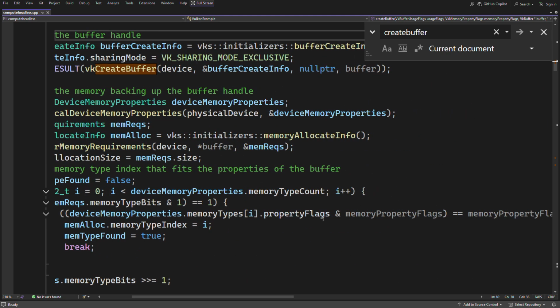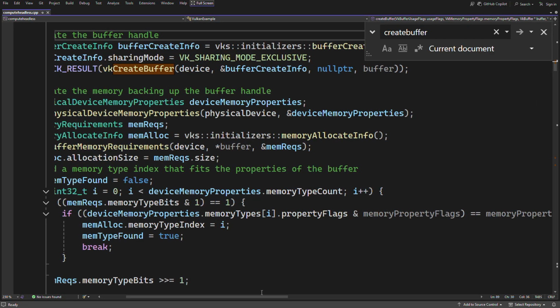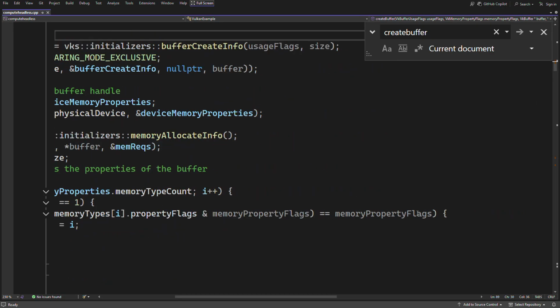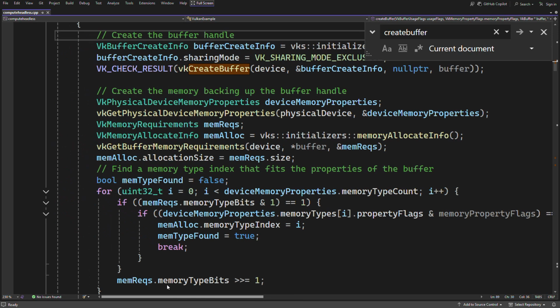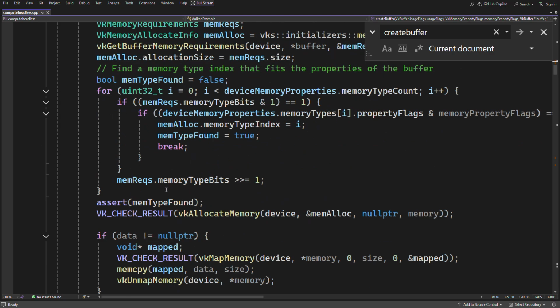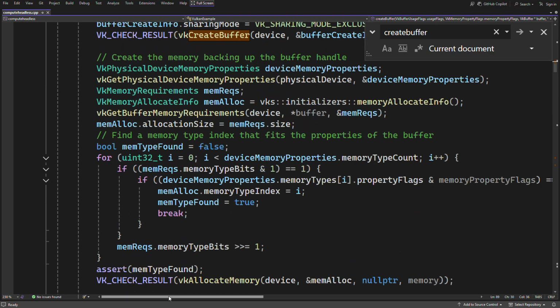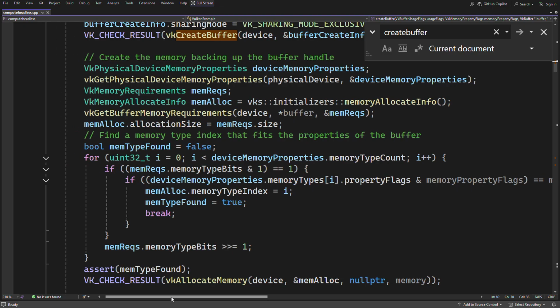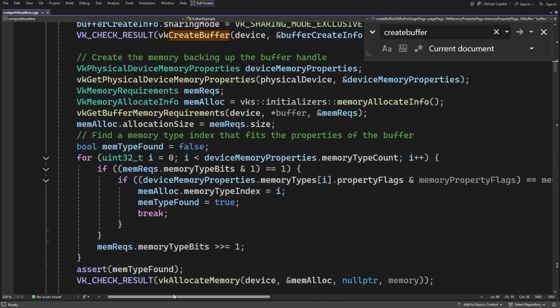So it's saying if this AND statement is true and it equals the memory property flags, then we have found it. We memorize what the memory index is, and then we break out of the loop, and then we proceed as we need to, right? I just want to focus on this conversation right here.